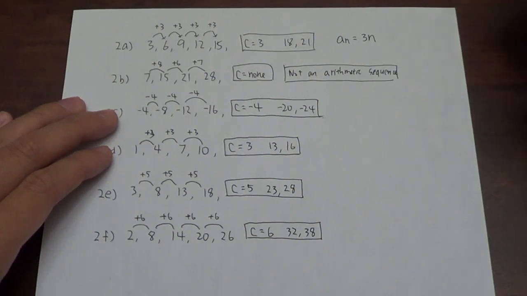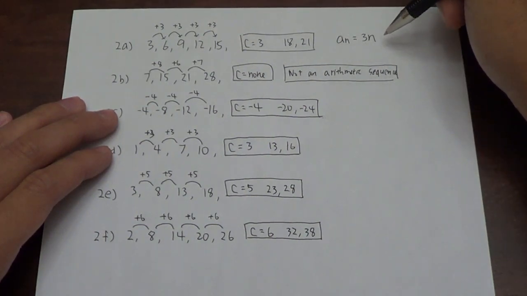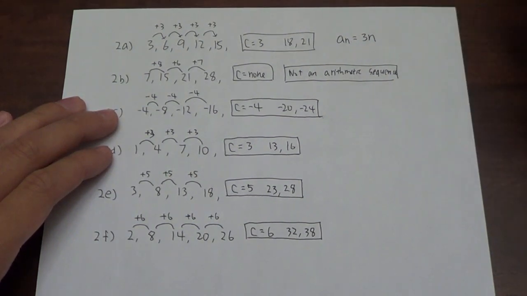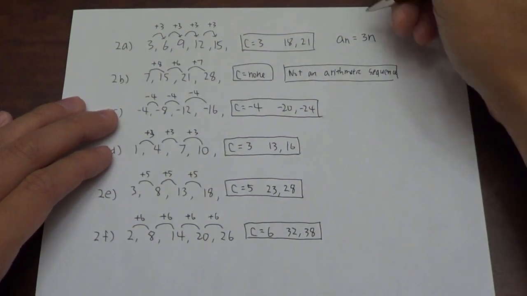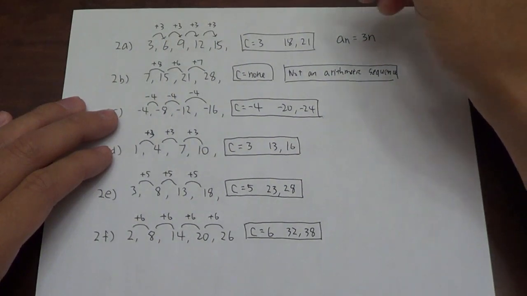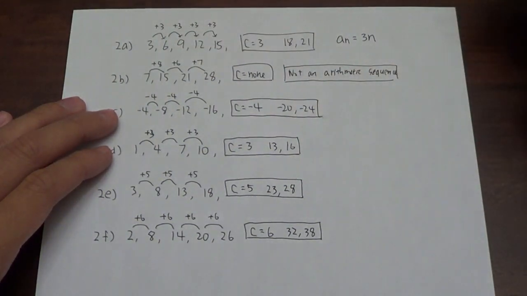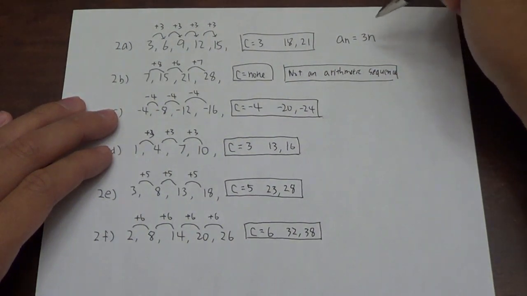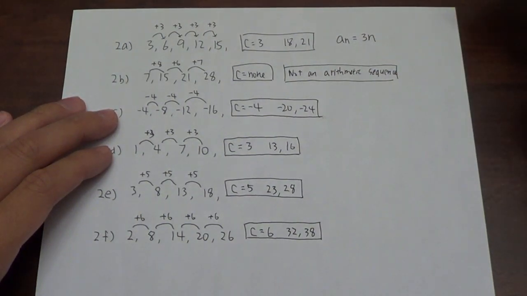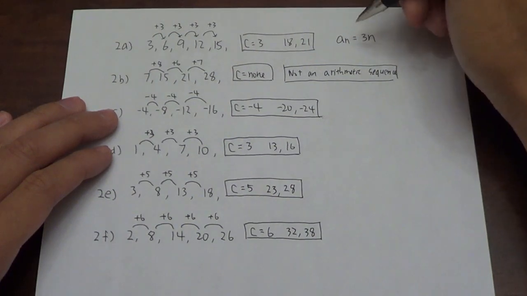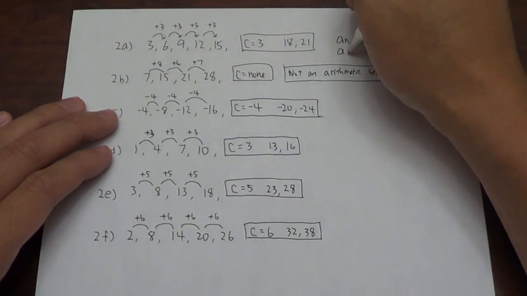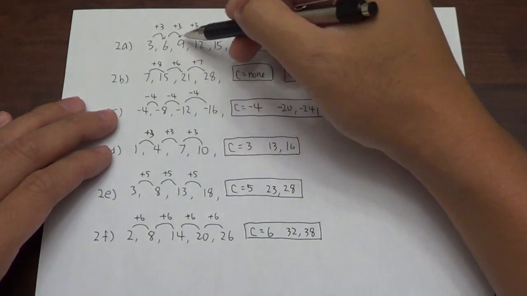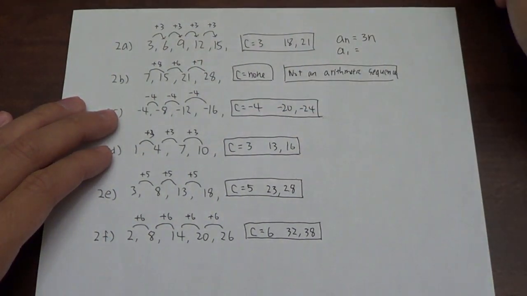All right, now anytime we come up with an equation or a rule, again, when they say rule or equation or function, it all means the same thing. You need to plug the first term back in and double check if you are getting what you're supposed to get. So the first term, a1, is supposed to be 3, right? That's the first term, that's the second term, third, fourth, and so on and so forth.